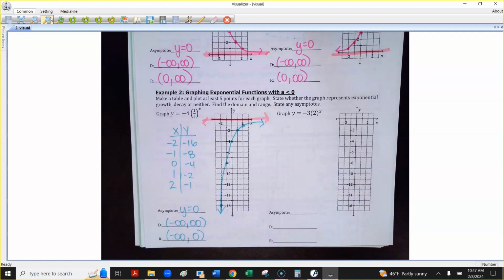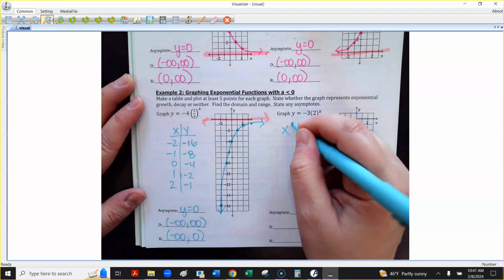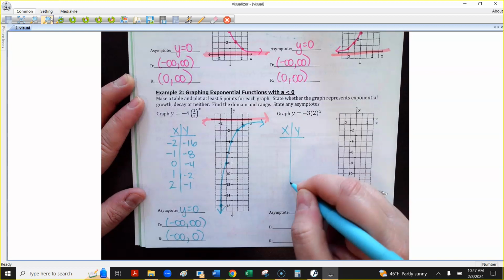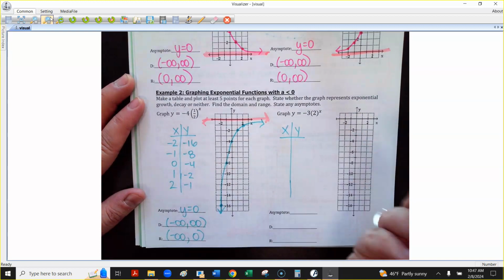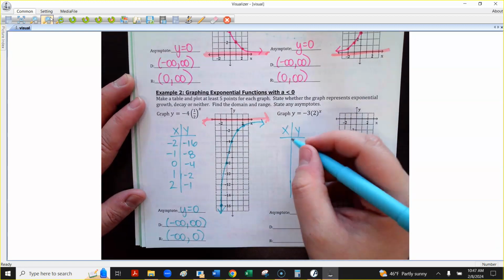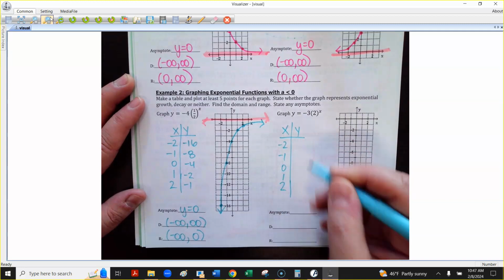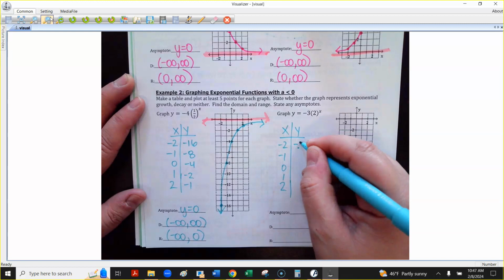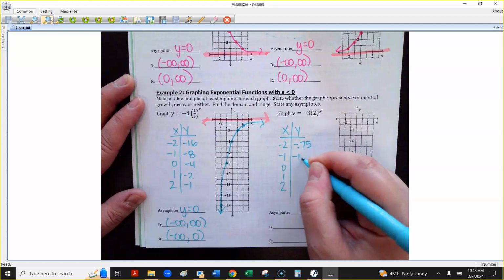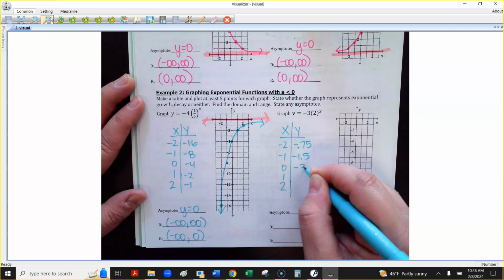Now this one, the one right next to this, is a flipped over version of the one directly above. I changed it to -3 times 2 to the x. So I'm just going to use that same table, -2, -1, 0, 1, 2. The numbers are just going to be negative. So it'd be like -0.75, -1.5, -3, -6, -12.